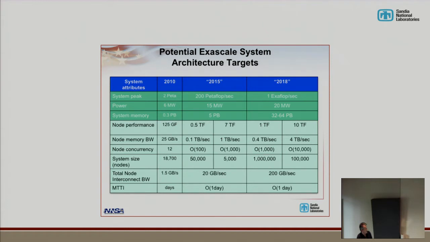There are some values in there that are close to where we are and some that are far away. The first one you'll notice is far away is 2018. So we thought in 2008 that we were going to be somewhere close to having an exascale machine in 2018.